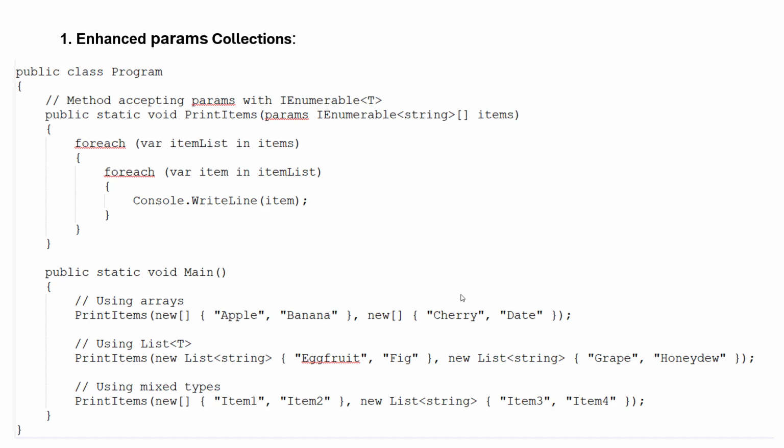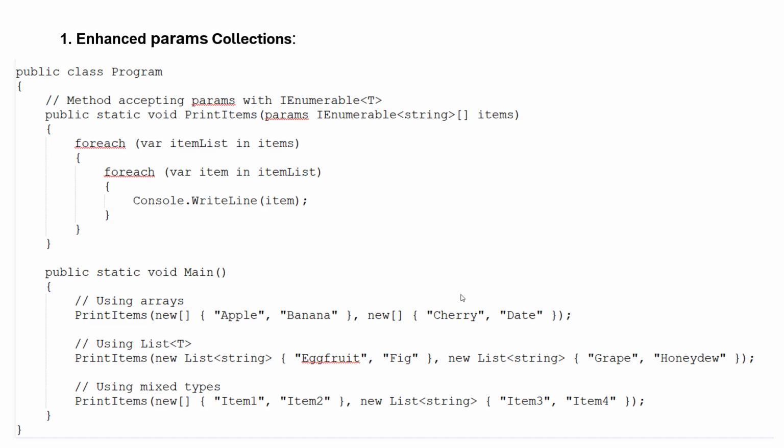The first parameter is a simple string object, the second is a list of type string, and the mixed type has a first parameter that is a string as an object and the next one a list of strings. So that is the enhanced params collection. You can use it in C# 13.